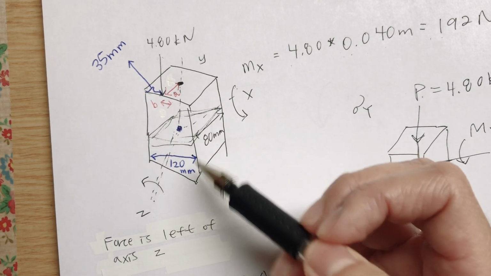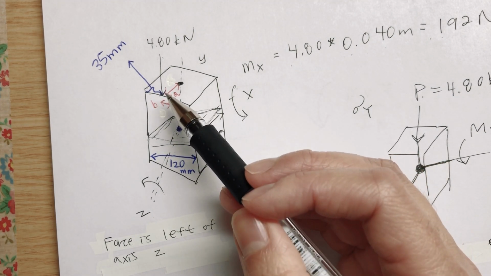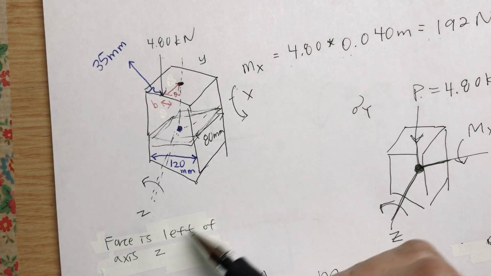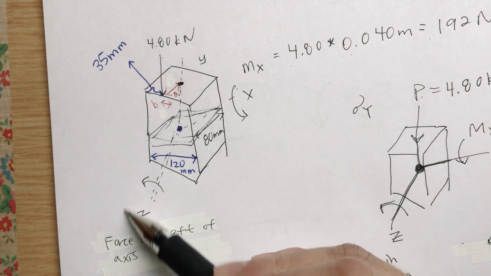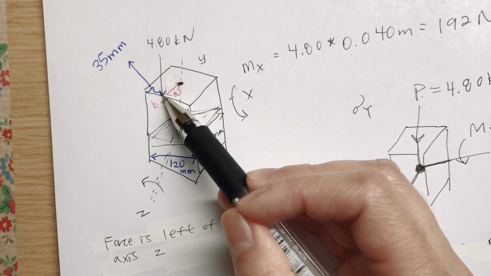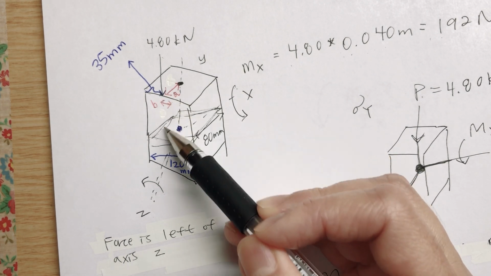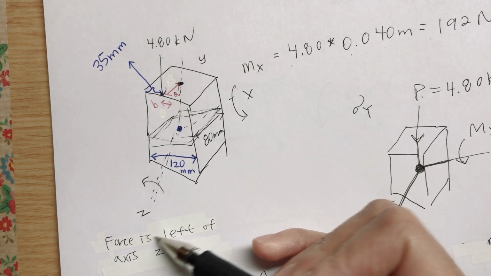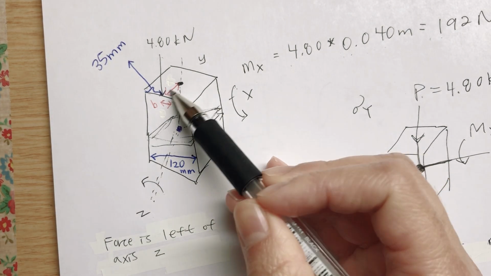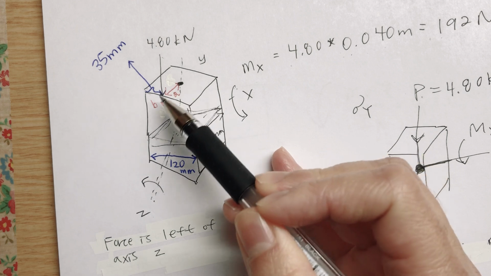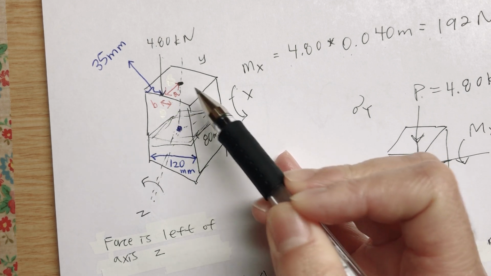So this B is the moment arm, and you're going to go around the z-axis, okay? You see that? It's right of the z-axis, and it's going to have this motion right here. You're going to have this moment like this around the z-axis.